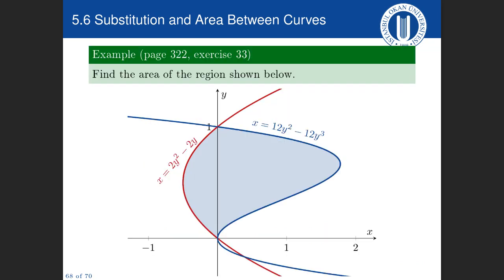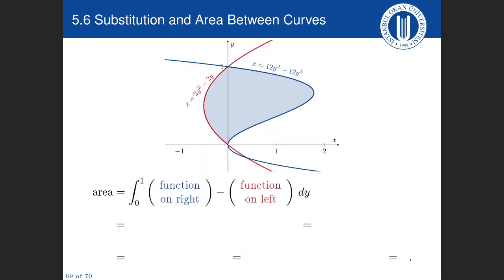Here's another one. Find the area of the region shown below. This is exercise 33 on page 322 of your textbook. So, what are our limits of integration? The smallest y here is y equals 0. And the biggest value of y at the top is y equals 1.